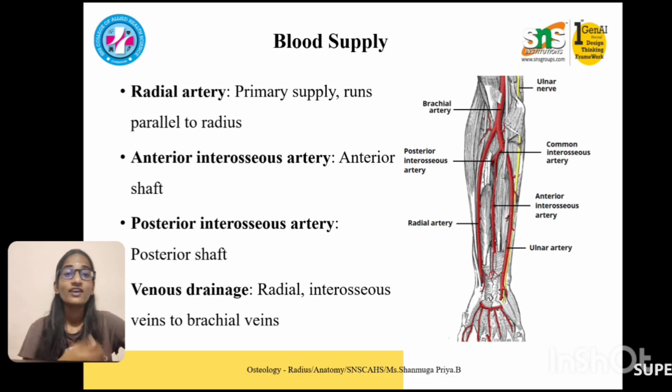Blood supply, radial artery. The blood supply comes mainly from the radial artery, which runs parallel to the bone, and there are also anterior and posterior interosseous arteries which feed the shaft. The veins drain via the radial and interosseous veins into the brachial veins.